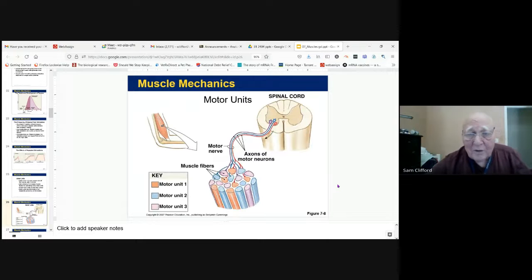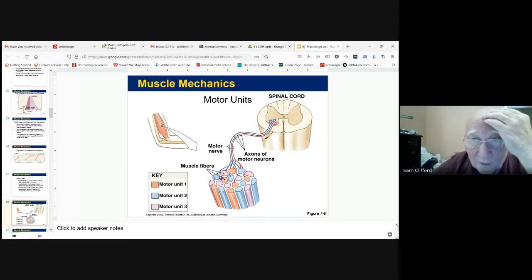Then we have motor units. So the number of muscle fibers attached to a nerve, that's a motor unit. In the fine muscles of your eyes, very few fibers are going to be attached to each nerve because you have to have very small and localized generation of little tension.